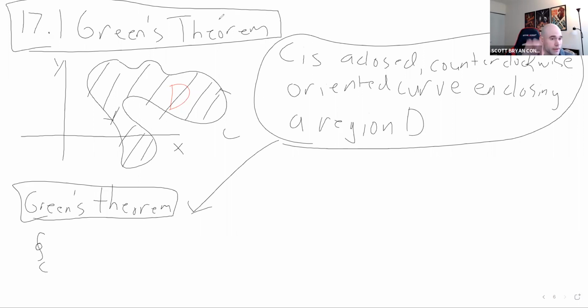Since it's a closed curve, we like to do the little circle there sometimes. So the integral on the closed curve C of the vector field F1, F2.